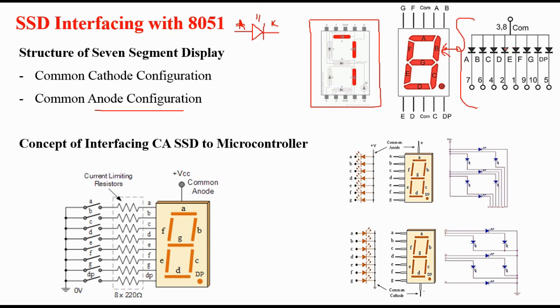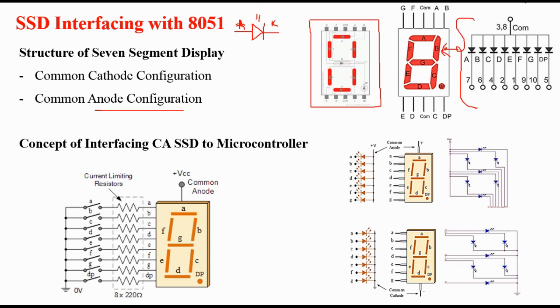Now here, as we are saying that it is common anode configuration, it means that all of the 7 LEDs plus one decimal point are connected together, and while connecting, their anodes are considered. Anode of each and every LED is tied together to one terminal, whereas the cathode of each LED is separately controlled.